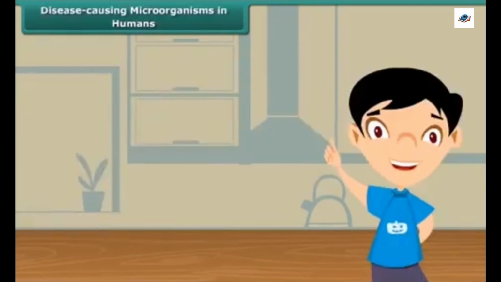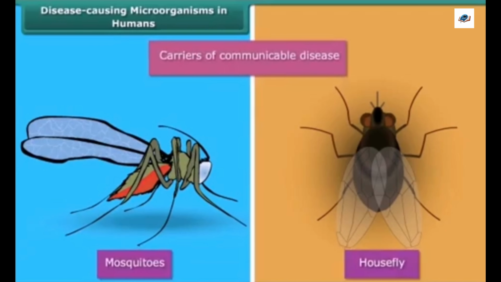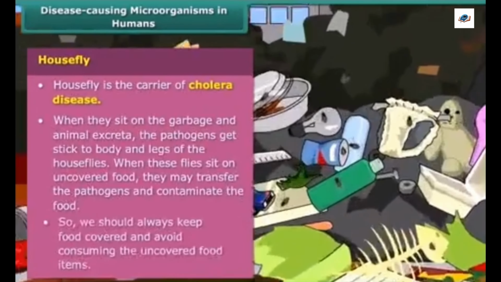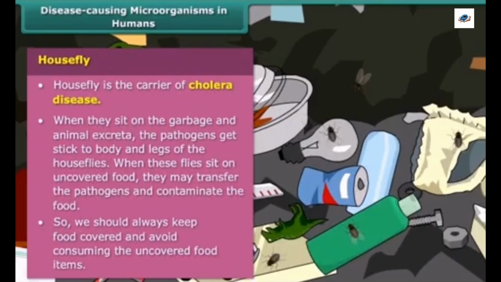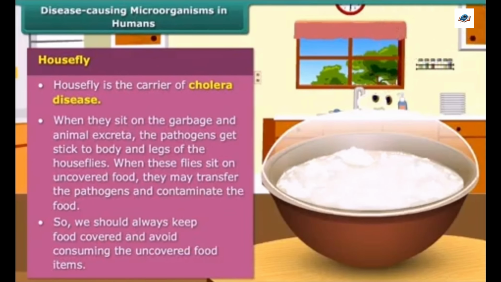Friends, some insects and animals that are found in our surroundings act as carriers of pathogens. Housefly and mosquitoes are the common examples of such carriers. In cholera, the housefly is the carrier of many pathogens. To prevent cholera, we should always keep food covered and avoid consuming uncovered food items.